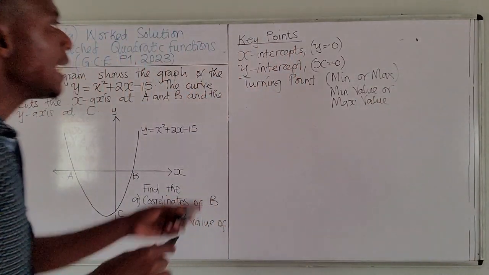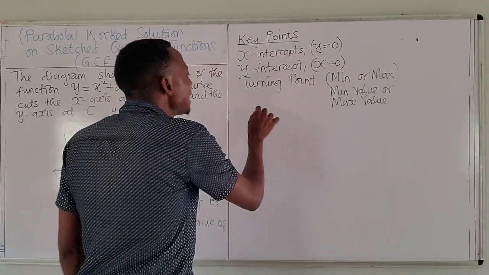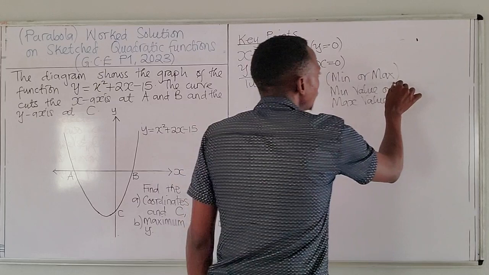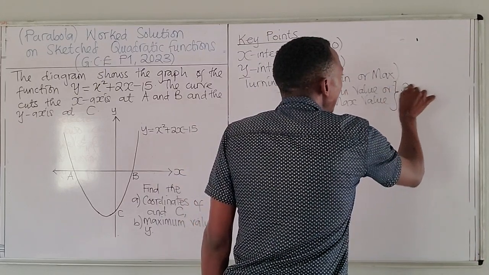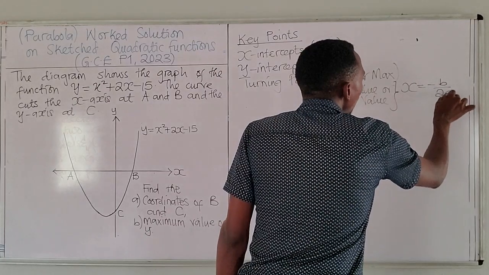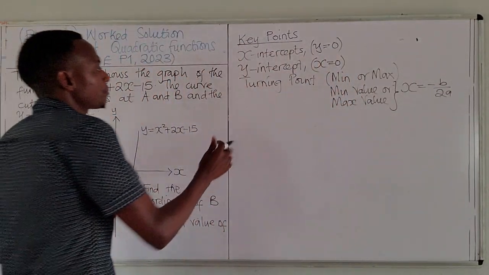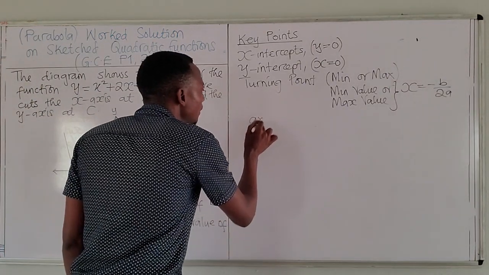How do we find these minimum and maximum values? What helps us is by setting x equal to negative b over 2a. And sometimes you also need to know the axis of symmetry.